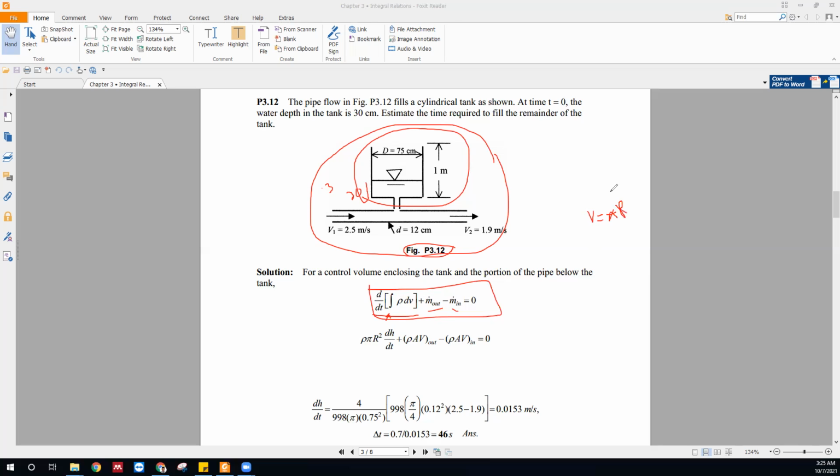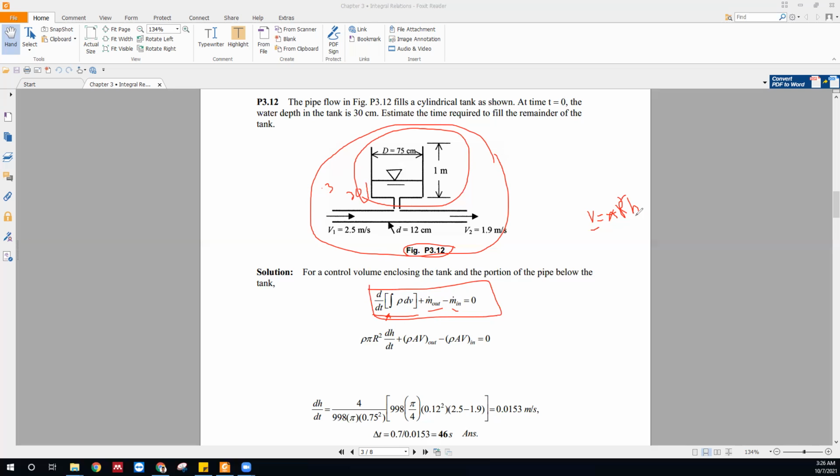Pi is constant, r is also constant, r being the radius of this diameter, and h is not constant. As I said, initially the height was 0.3 meter, and then it starts increasing because we are flowing water into this tank. So h is increasing.